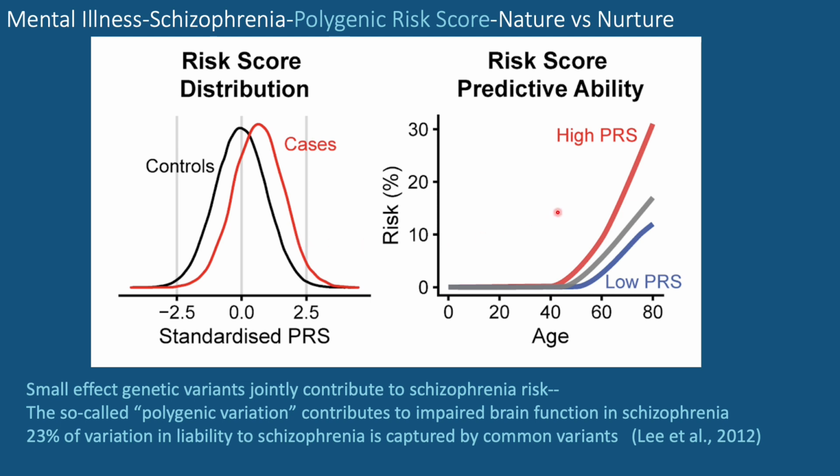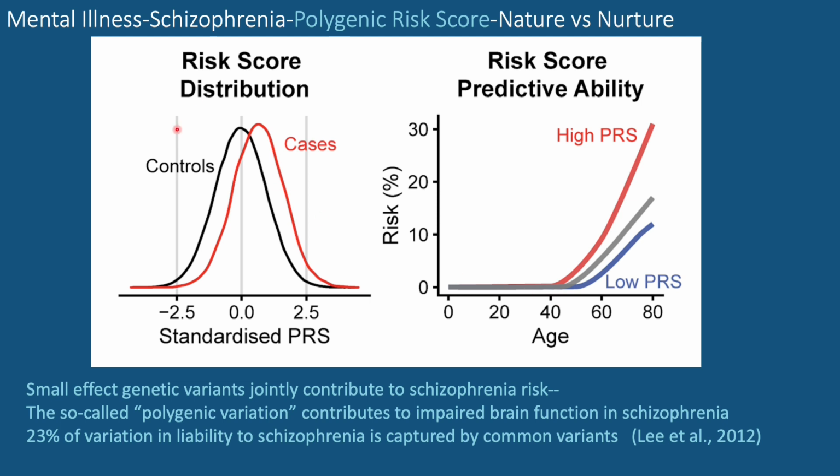In the right side of the cartoon, what you see is the polygenic risk score with respect to age. So on the x-axis, you see age from 0 to 80 years old and different types of polygenic risk score. In red is high polygenic risk score and in blue is low polygenic risk score.